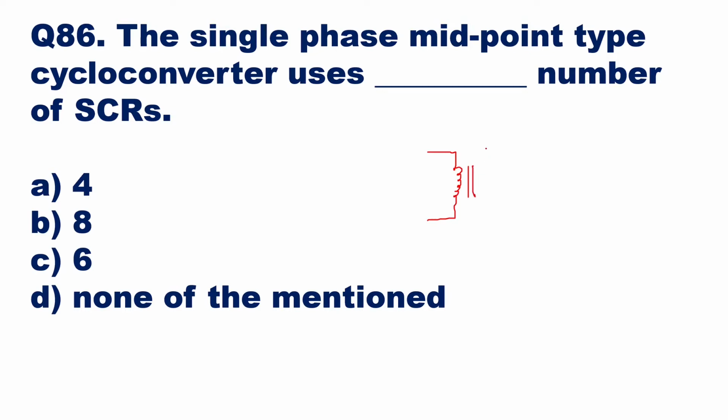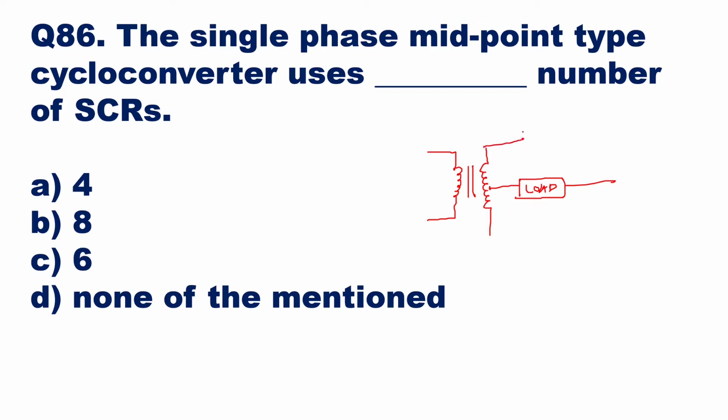Here you can have your transformer, and at the center tap you can connect the load. This is the load, and then you have to make arrangements so that the output should be either positive half cycle or negative half cycle depending upon firing of the SCRs.